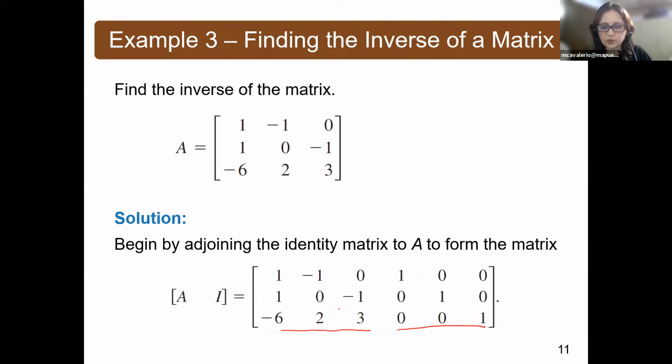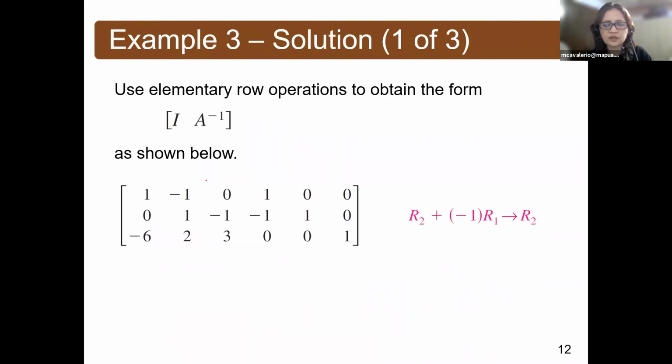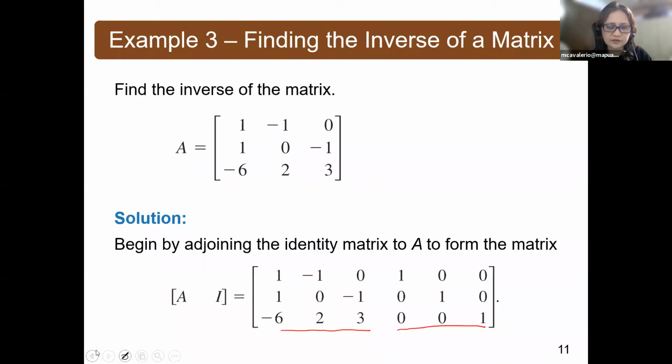And while we are doing it, the right side, the adjoined identity matrix, is also transformed as we go along with the elementary row operations. Beginning with the first operation, let's multiply row 1 by negative 1, that is, negative of row 1, and add that with your row 2 to be your new second row.